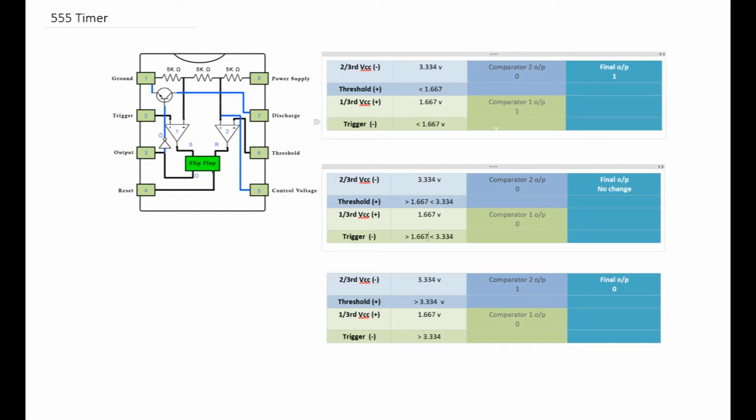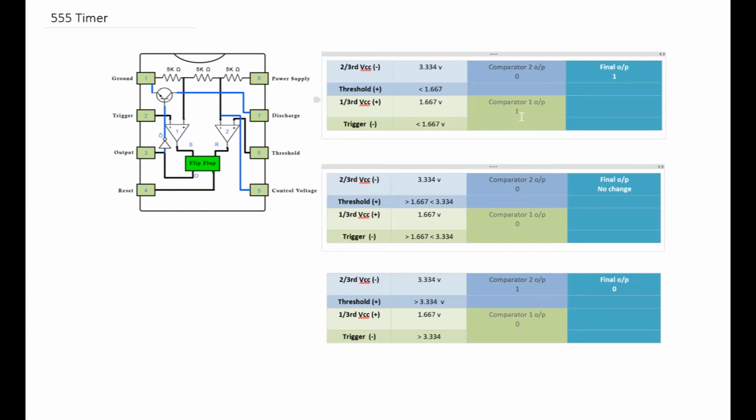Then we look at the other comparator. Comparator 1 has 1/3 VCC as an input to the non-inverting terminal. The inverting terminal has an input coming from the trigger, pin 2 of the 555 timer, which we said is less than 1.667 volts.